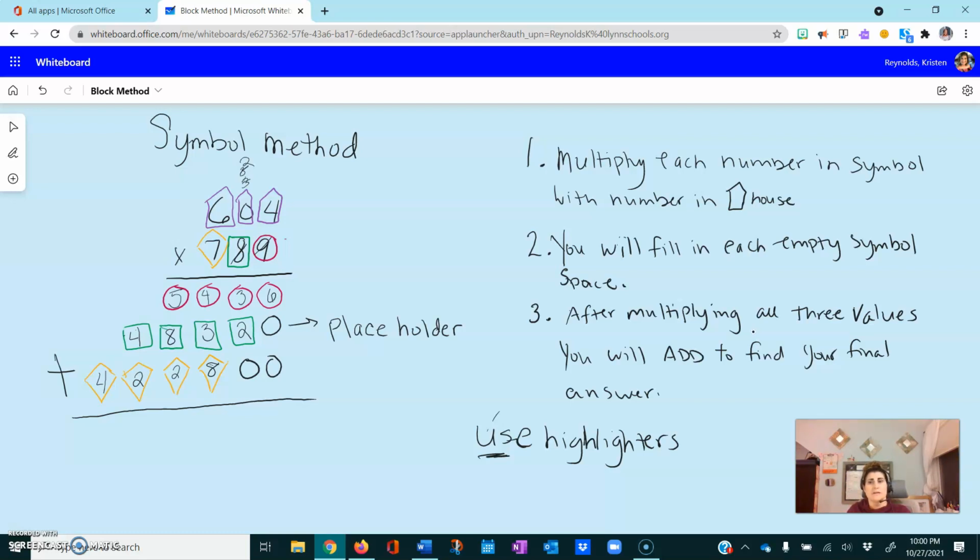That's my third step right here. 6 plus 0 is 6. 3 plus 2 is 5. 4 plus 3 is 7. 7 plus 8 is 15. 5, carry the 1. 5 plus 1 is 6. 6 plus 8 is 14. Plus 2 is 16.